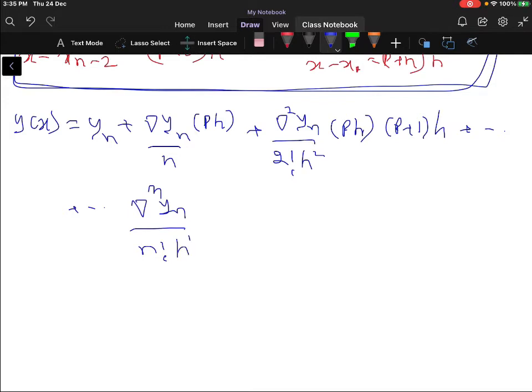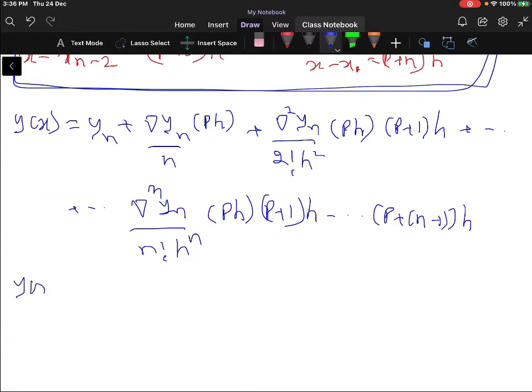So an can be written as nabla n yn by n factorial into h power n, into x minus xn, which is ph, into p plus 1 into h, and so on. X minus x1 can be written as p plus n minus 1 into h. So this implies y of x is equal to yn plus p nabla yn, where h cancels.